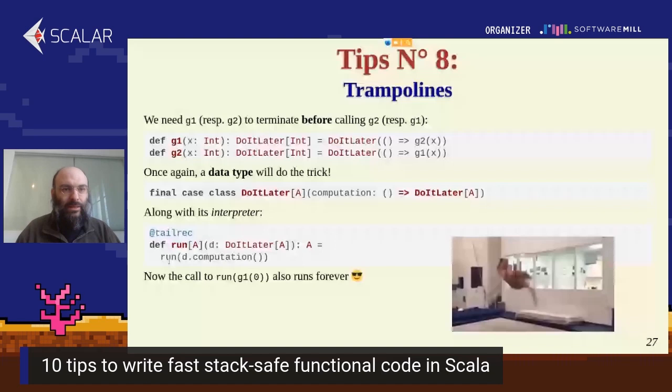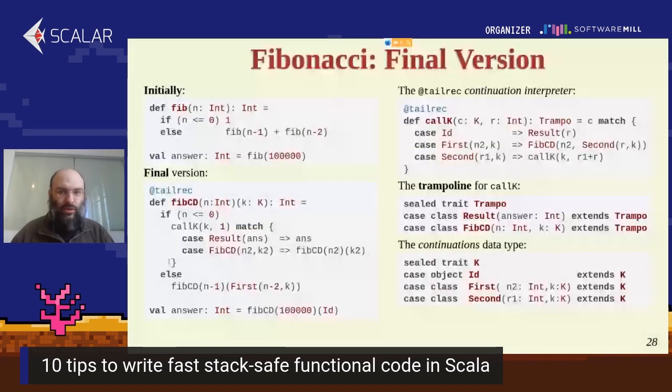Okay. So Fibonacci final version. That's kind of complex, and that's the technique involved. We have the CPS transformation, but what you see here is the mutual recursion is between Fibonacci, so fibCPS, and the interpreter.